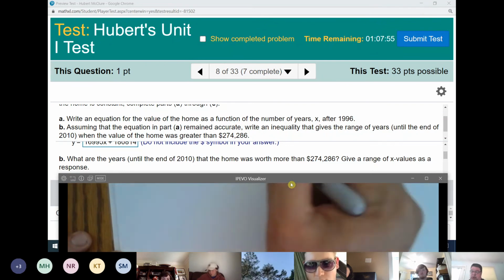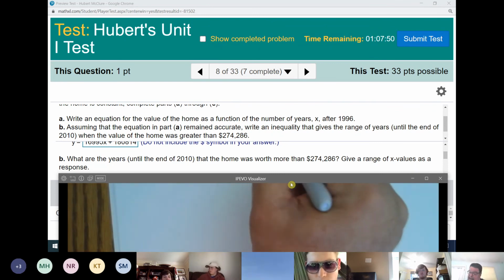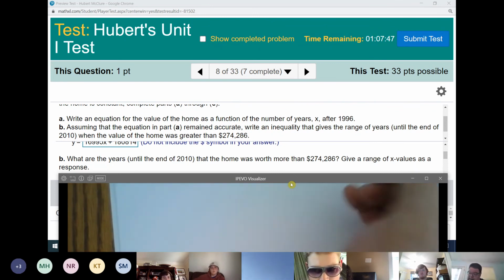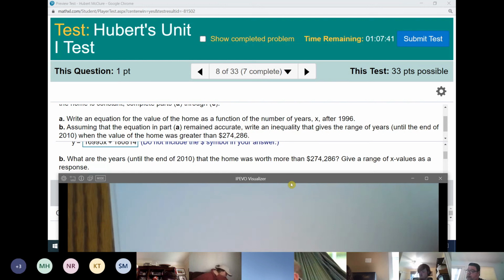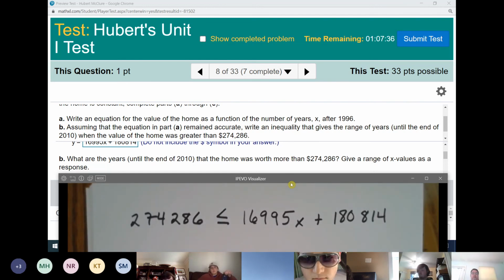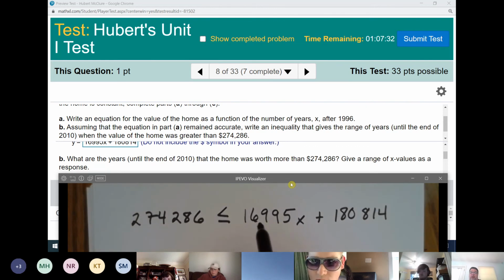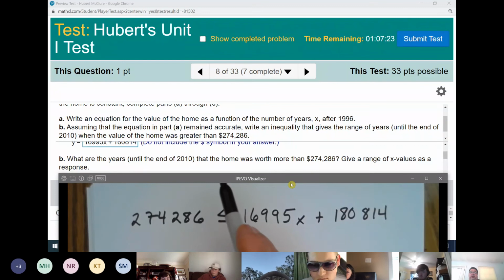And that's going to be our formula, which is 16,995x plus 180,814. Now I'm reading that they want to know where it's worth more, so this side would be more than 274,286. That's the way I'm reading the question.